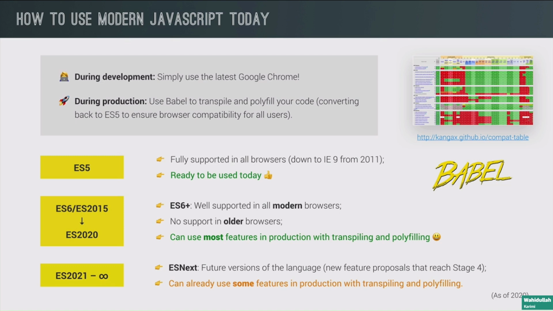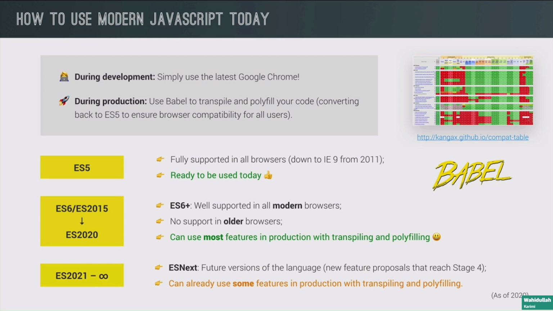But when a feature is at stage 3, browsers can be pretty sure it will eventually pass to stage 4, and so they're going to start implementing that feature while still in stage 3. And there is a lot more to be said about this, and actually I find this really fascinating, but I'm going to stop here. You can find tons of information about this online if you want to learn more.